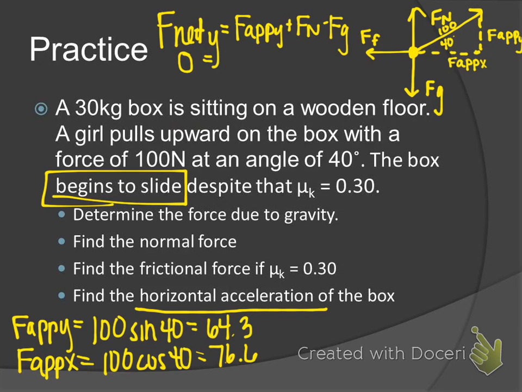Good. Okay, so F applied y we just solved for to be 64.3. The normal force is what we're solving for. And F sub g, we're going to take mass times gravity, so 30 times 9.8.